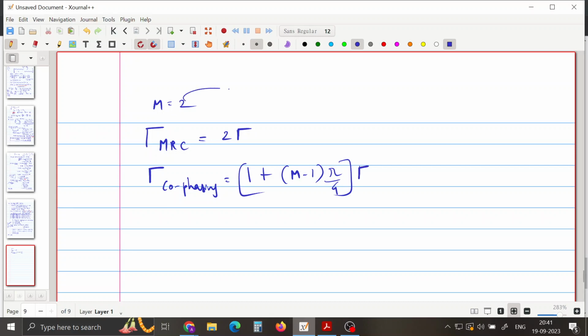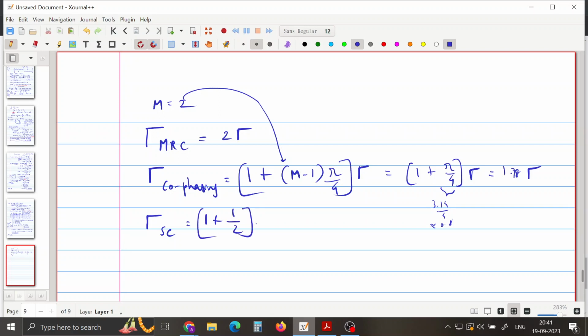Now you put m equals 2 here, that will give you 1 plus pi by 4 times gamma. Pi by 4 is approximately 3.14 by 4, about 0.78, so it is 1.78 gamma. And selection combining is 1 plus 1 by 2 into gamma, which is 1.5 gamma.